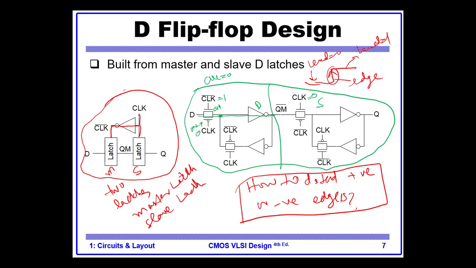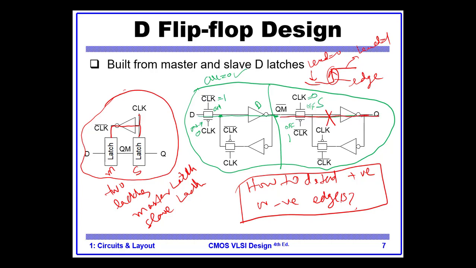Here it was again 0, so this is off, and here is clock bar, so this is 1, which means this is off. Now what that means is that D comes until here, but D cannot move towards the output.